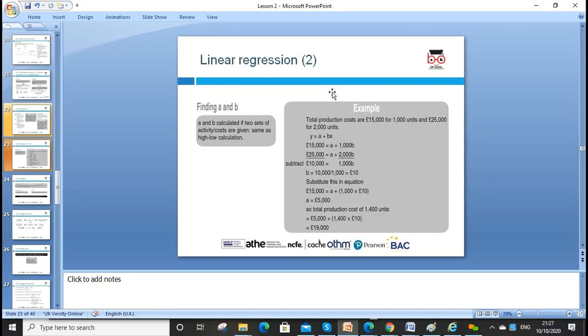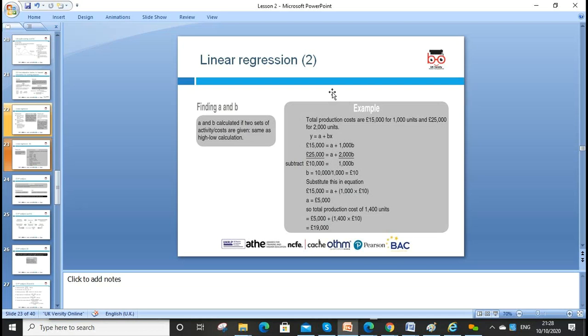Total production cost: we have been given this for 1000 units and 2000 units. So Y is A plus BX; for 1000 units, the cost Y is 15,000, and of course A we need to find, and the 1000 is the X. For 2000 units it is 25,000.